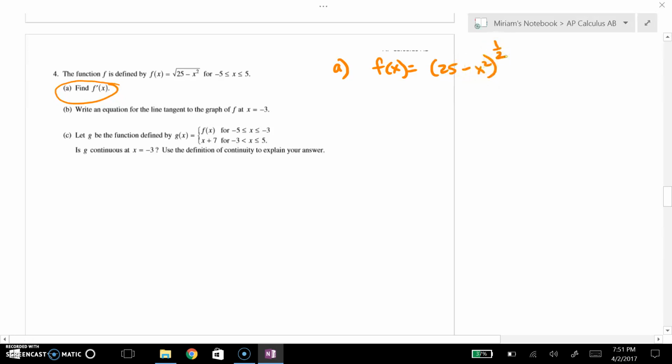So I want you to pause the video, make sure you get the derivative of this problem. Once you've done that, you should get 1/2 times (25 minus x squared) to the negative 1/2 times negative 2x.